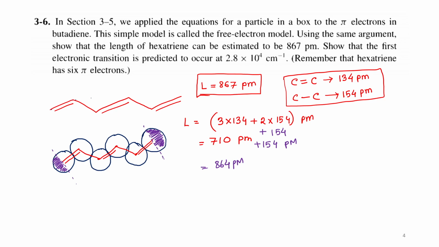Now suppose you are given octatetraene. Maybe you can tell me what is going to be the length. There is no space at this side, so I am drawing. Four double bonds are there. So what is going to be the length for this molecule?